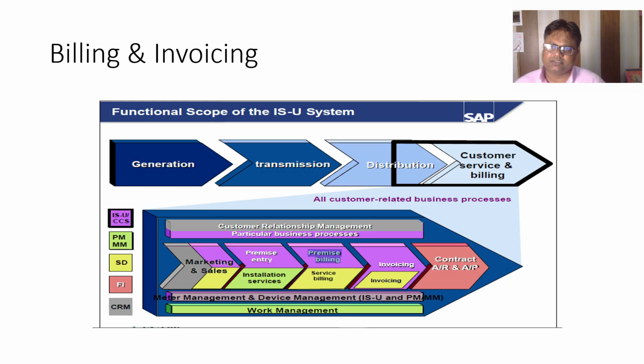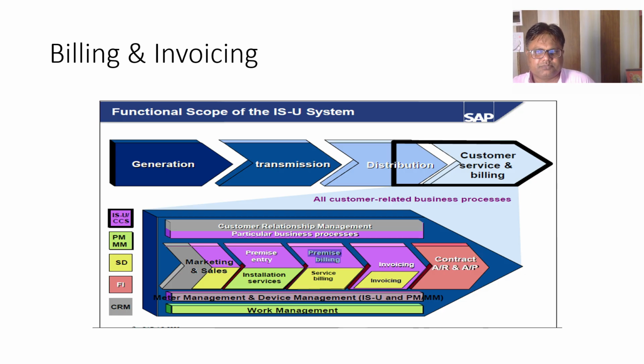When the customer starts taking the services, when we acquire the customer, at that time our customer services and billing system is required. When we acquire the customer, we need to create a business partner and a contract account.